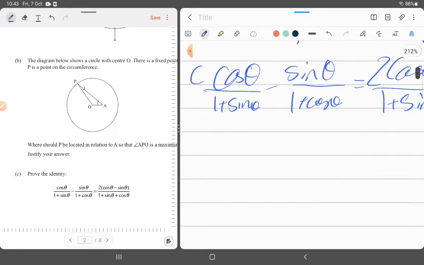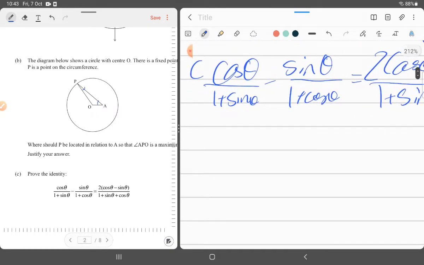I've done this question many times. To be honest, I did not get this first try. I had to see it. This is quite an evil question, quite cursed. So we want to equate the denominators.